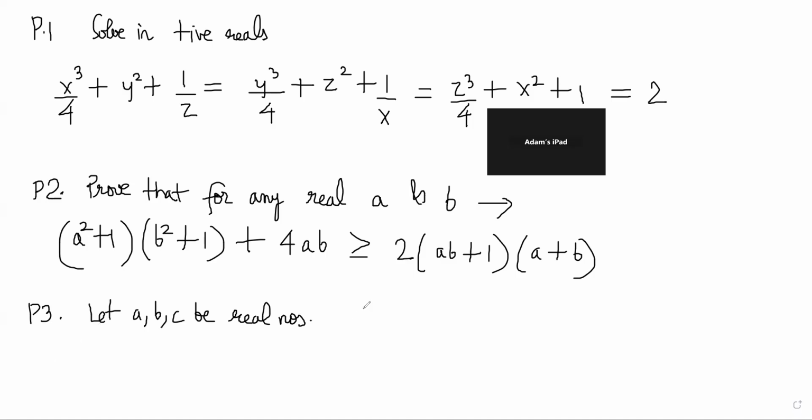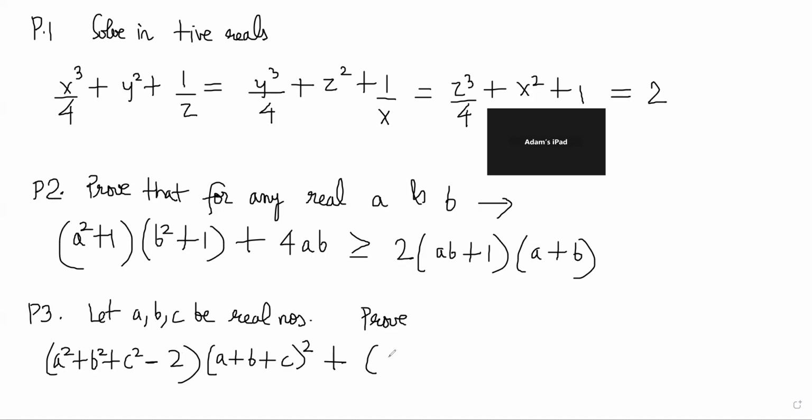You have to prove that a square plus b square plus c square minus 2 times a plus b plus c whole square plus 1 plus ab plus bc plus ca whole square is greater than or equal to 0. Write down the question.